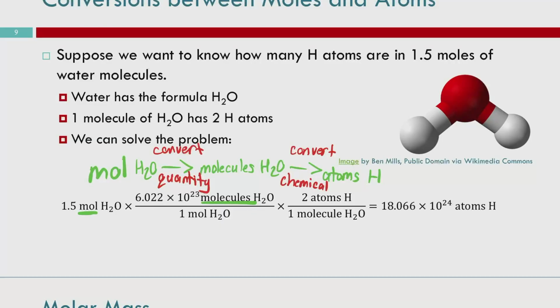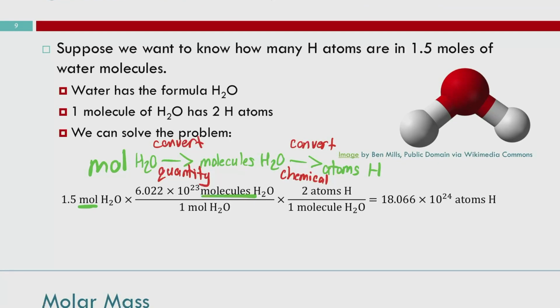Atoms, on the other hand, are the smallest unit of an element, hydrogen. And then we would just multiply everything across the top to get to our atoms of hydrogen. So that's just combining the 2 steps that we went over individually.